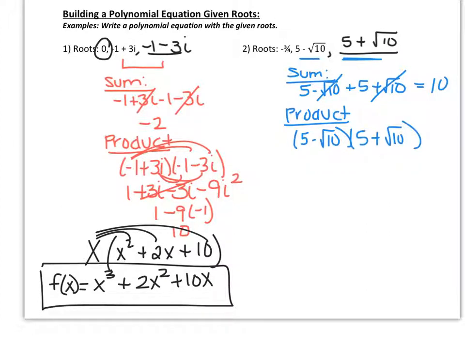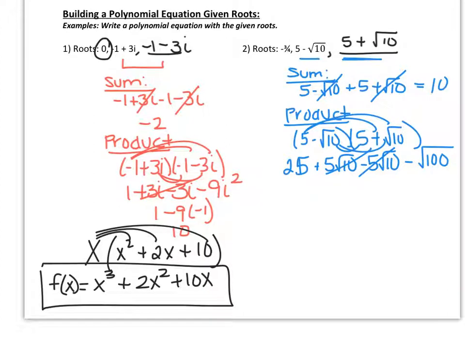Again, we'll double distribute. So 5 times 5 is 25, 5 times radical 10, negative radical 10 times 5, and negative radical 100. These are going to cancel. So I really have 25 minus 10, which is 15. I got 10 because the square root of 100 was 10.